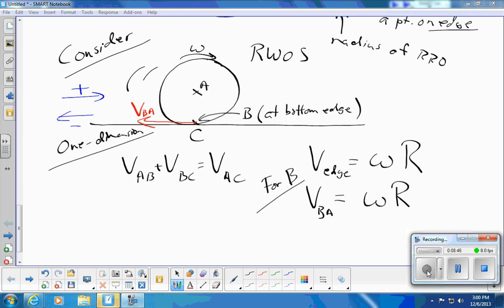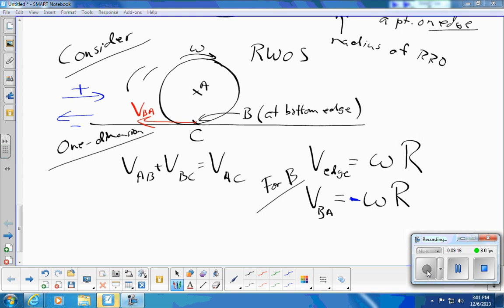So I'm defining the positive direction to be to the right. Okay. If that's the case, then VBA is actually in the negative direction. And so I'm going to say that VBA, in this case, is negative omega times R, where omega and R are both magnitudes. And that puts VBA in the correct direction. It makes it in the negative direction. All right.